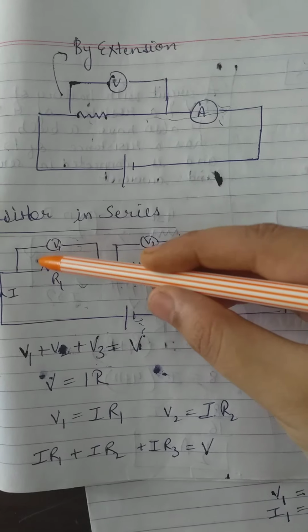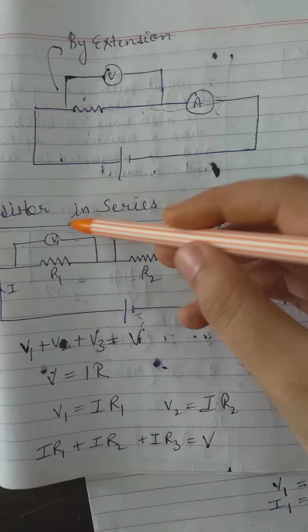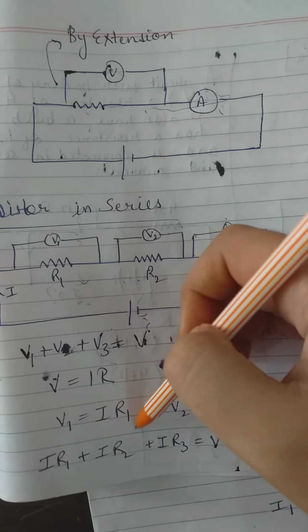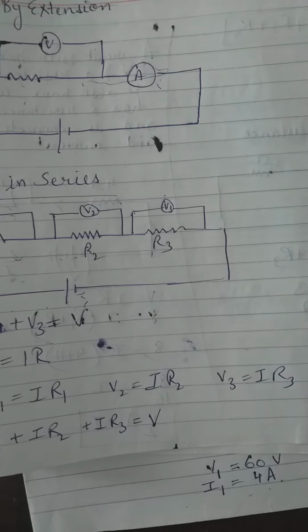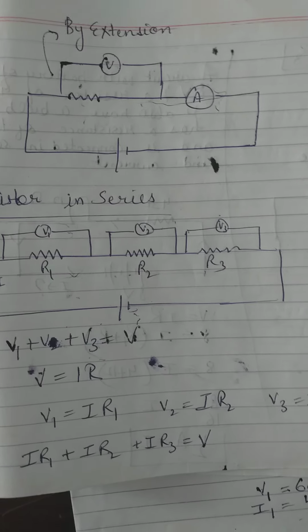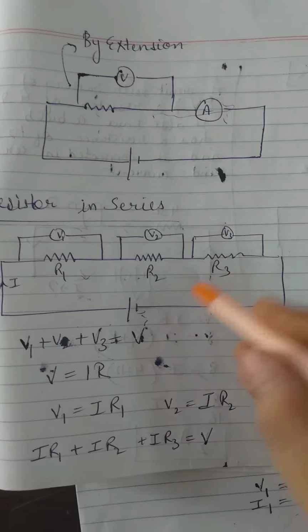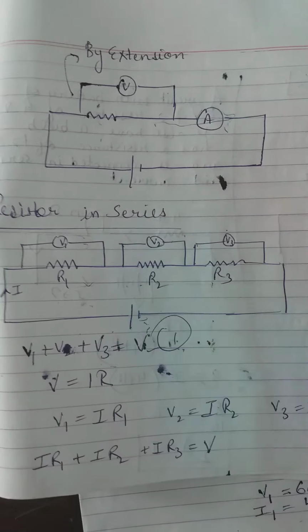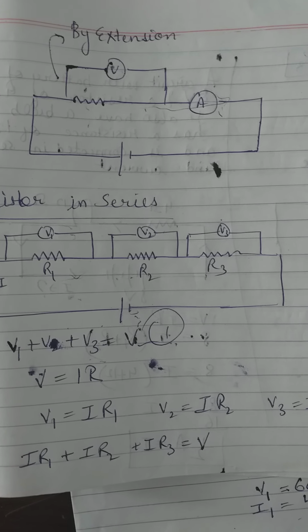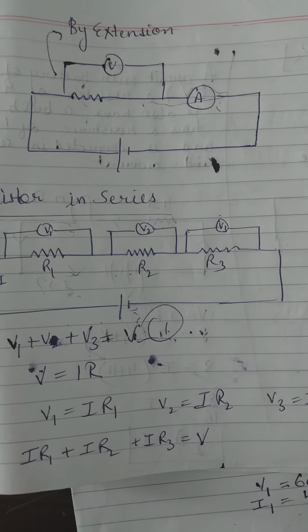So across the circuit, V1 is equal to IR1, V2 is equal to IR2 and V3 is equal to IR3. Put these values of V1, V2 and V3 in the first formula: IR1 plus IR2 plus IR3 is equal to V, which is equal to IR.